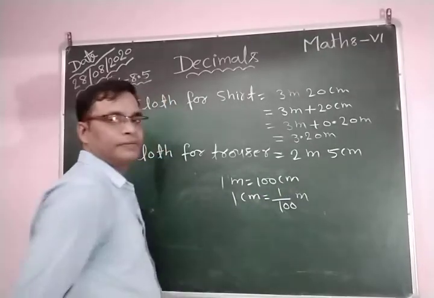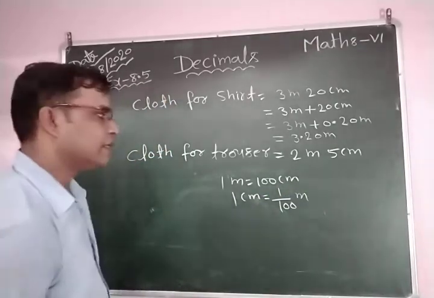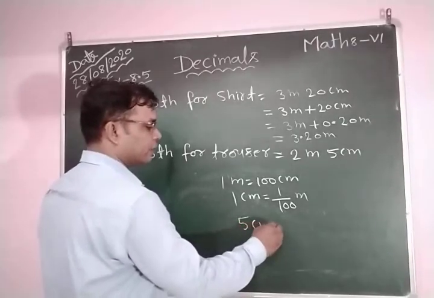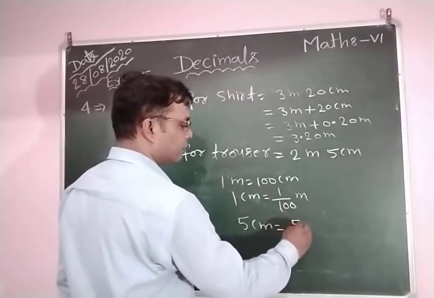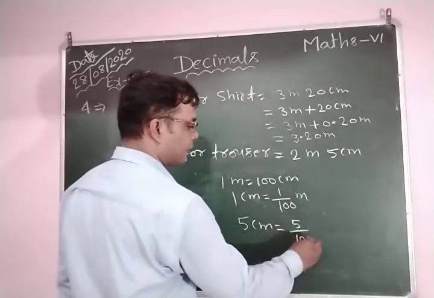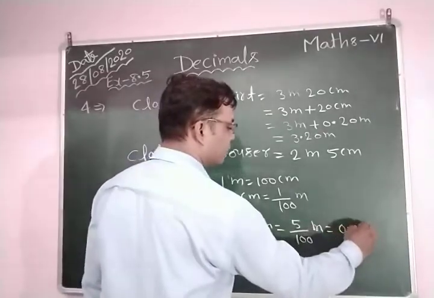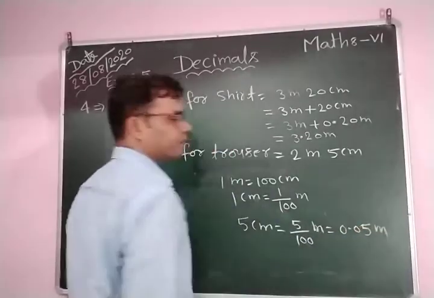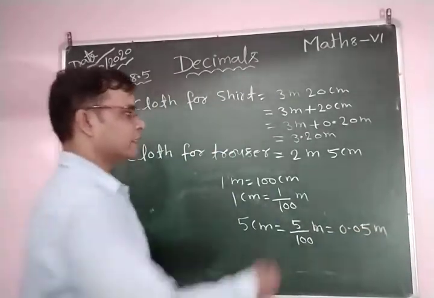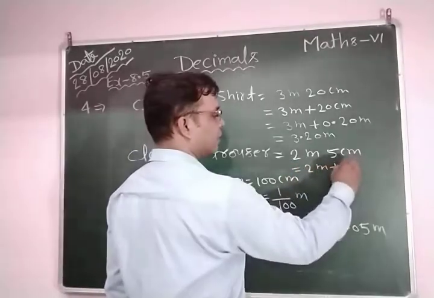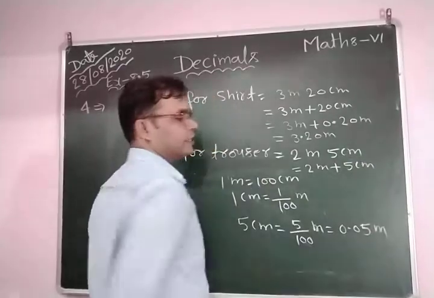Here given 5 centimeter, so 5 centimeter is equal to 5 by 100 meter, this is equal to 0.05 meters. So we can write this as 2 meter plus 5 centimeters.